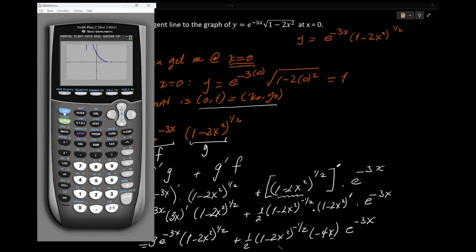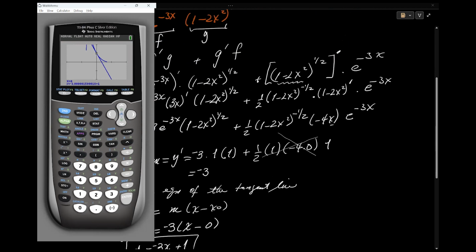So now we go second, draw, 5 for tangent at x equals 0. It's been selected, but just to double check, put 0 in, enter. There is the tangent line, negative 3x plus 1.